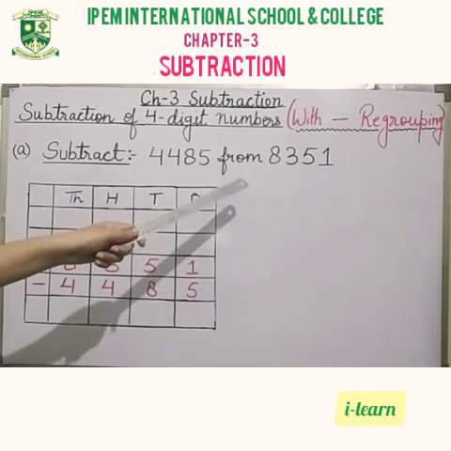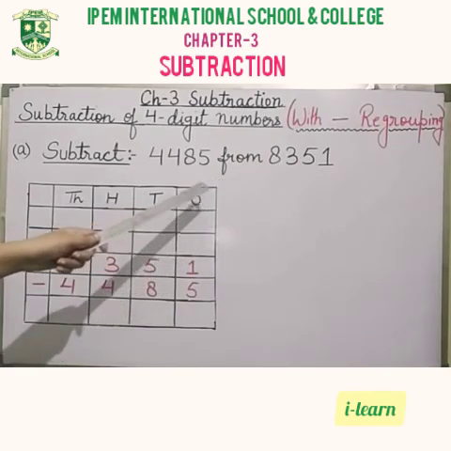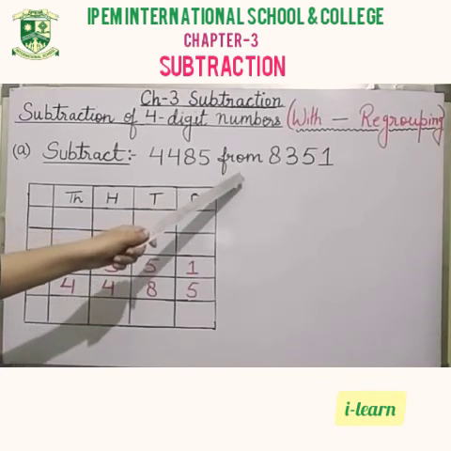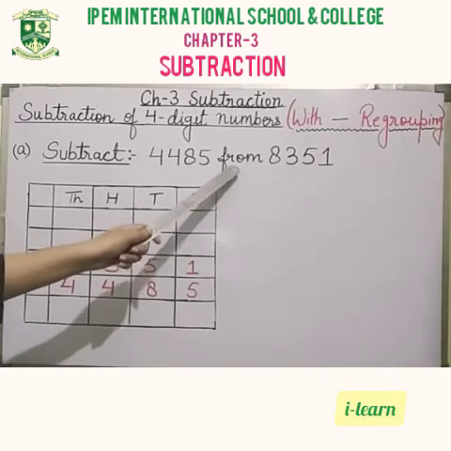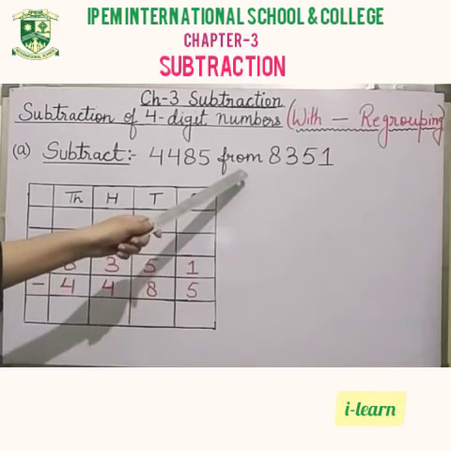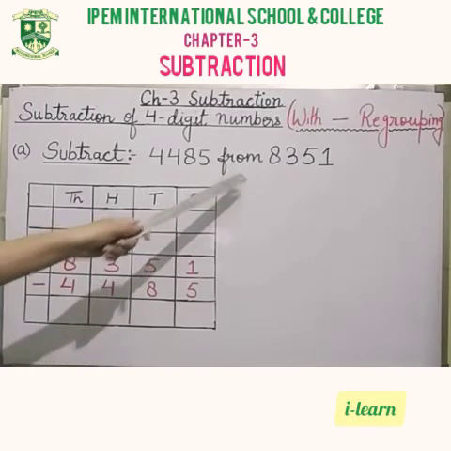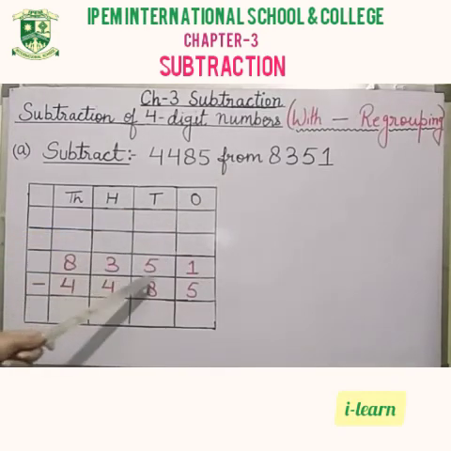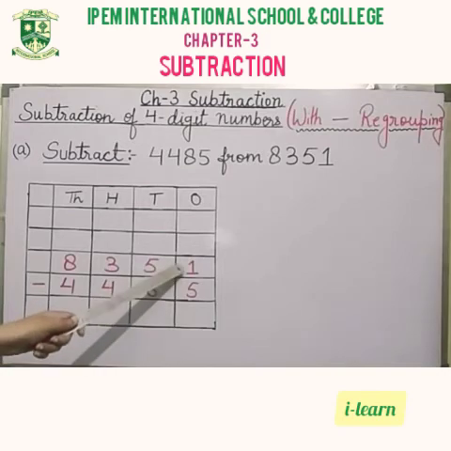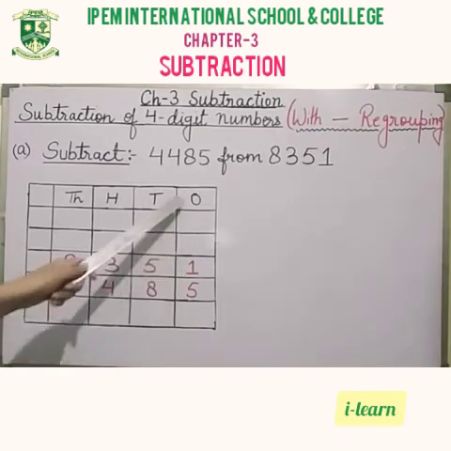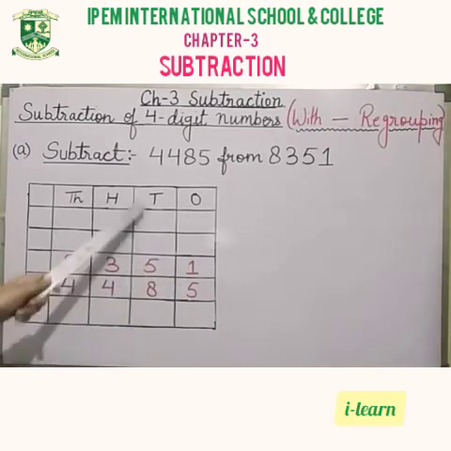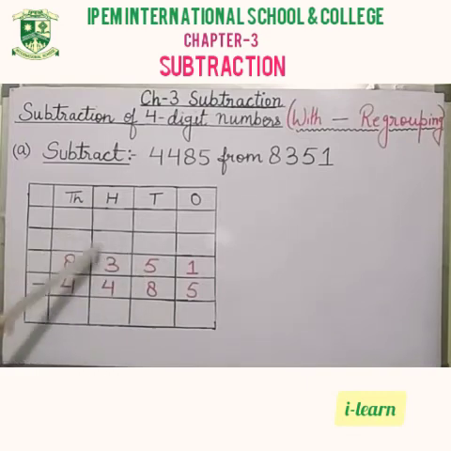Now what is the method to arrange these numbers in columns? We will write the number which is bigger and written after the word from. So here this number is 8,351. So 1 will come under ones place, 5 will come under tens place, 3 will come under hundreds place and 8 will come under thousands place.